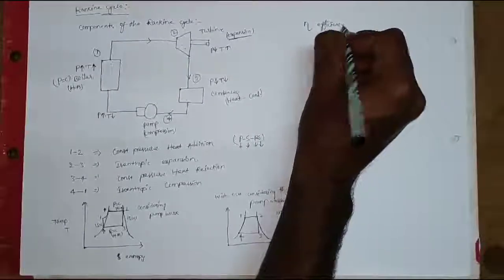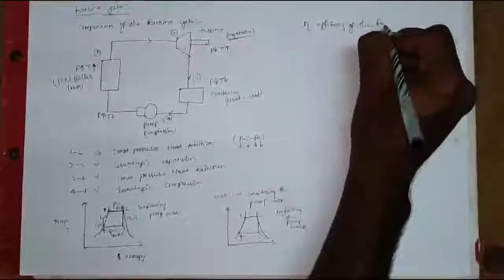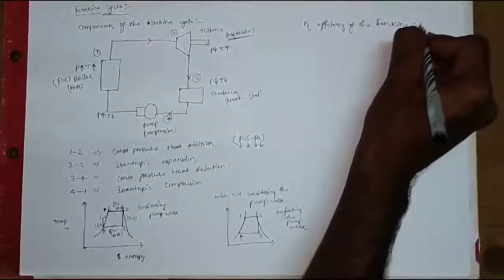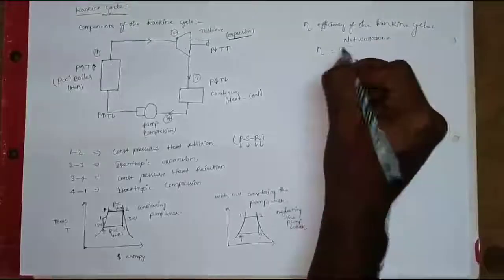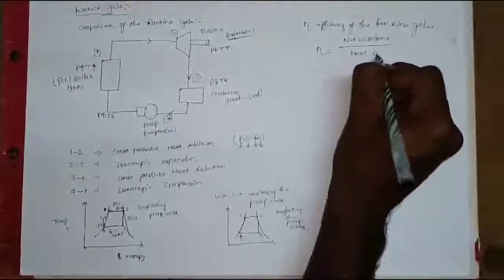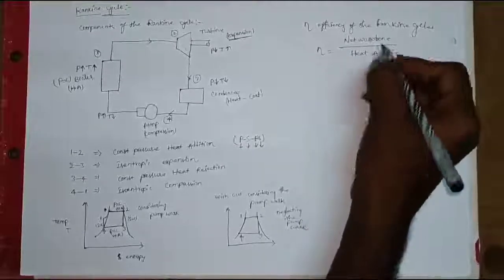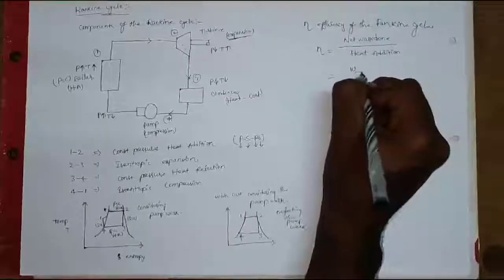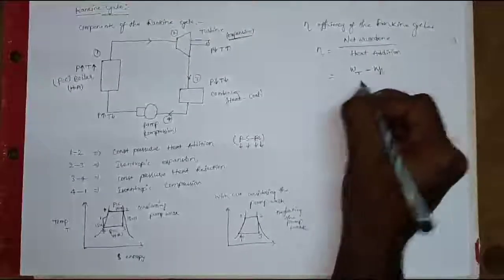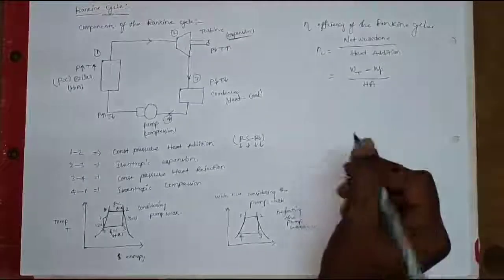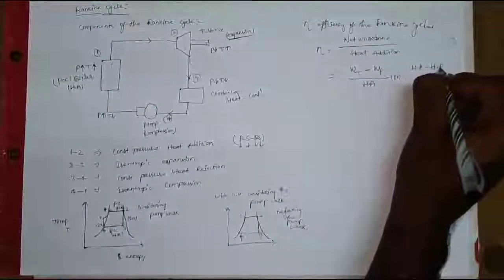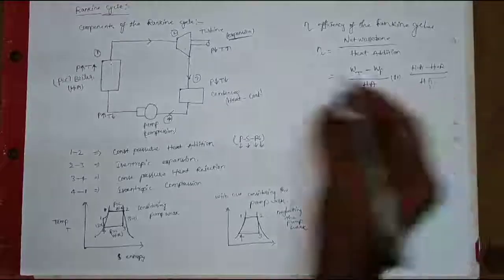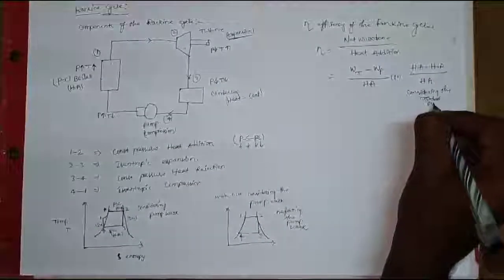Efficiency of the Rankine cycle, eta, equal to net work done by heat addition, where net work done is turbine work minus pump work, by heat addition, or heat addition minus heat rejection by heat addition, considering the pump work.